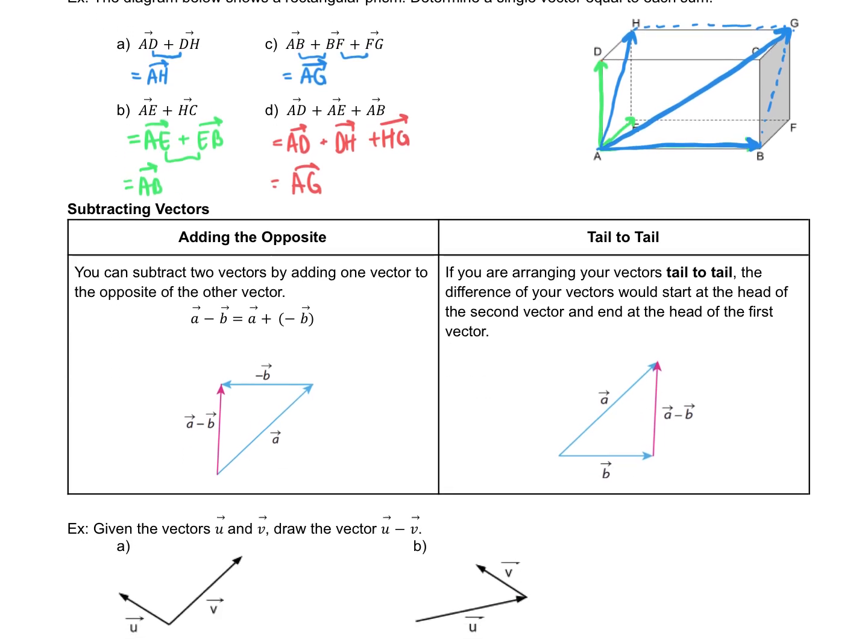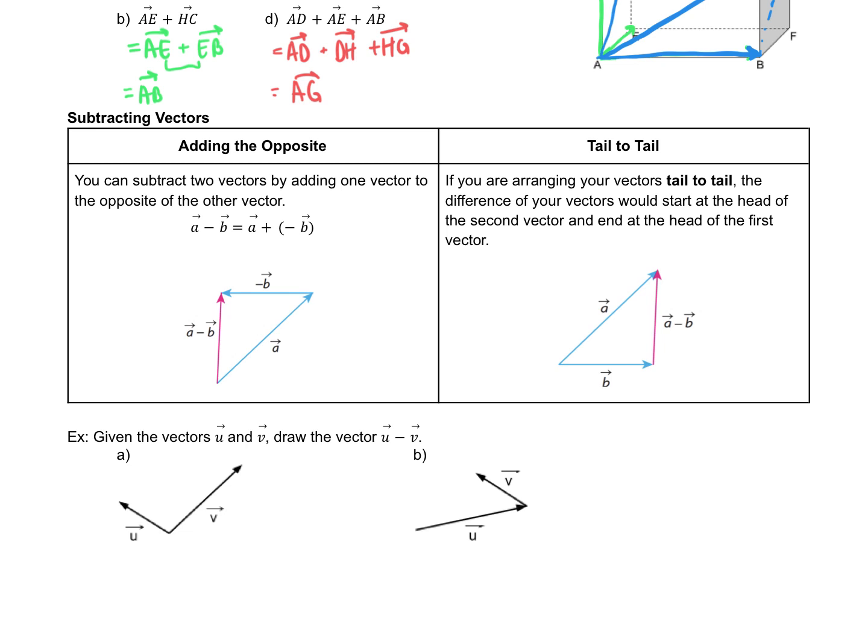So now we can move on to subtracting vectors. So again, we have different ways we can approach subtracting vectors. One way is to think of it as addition. Instead of me doing A minus B, I can add A with the opposite vector of B. So I can do A plus negative B. So let's say vector B had been this vector here.